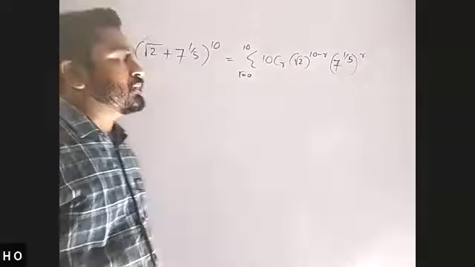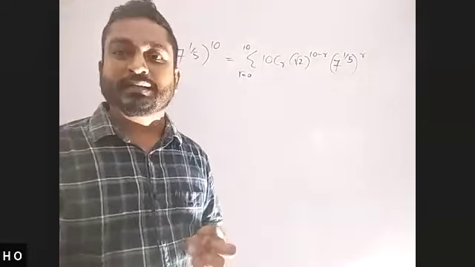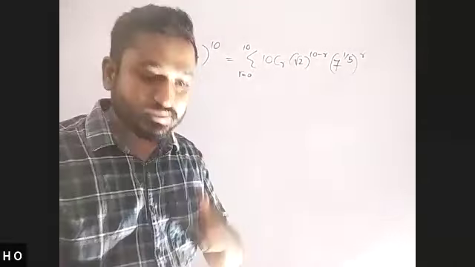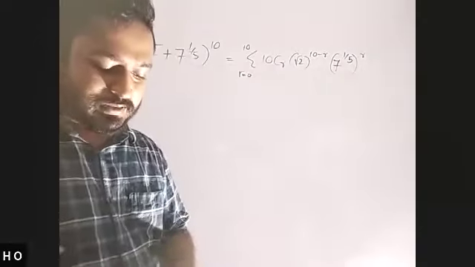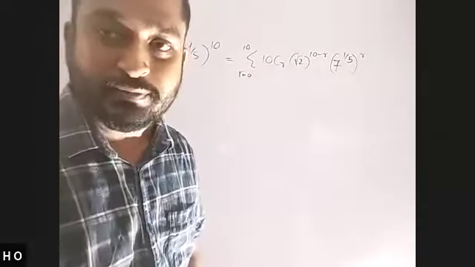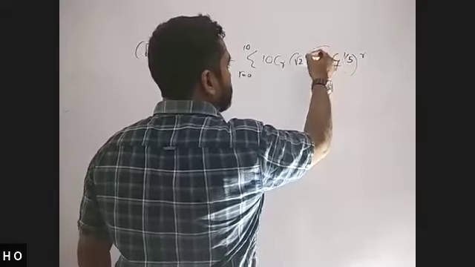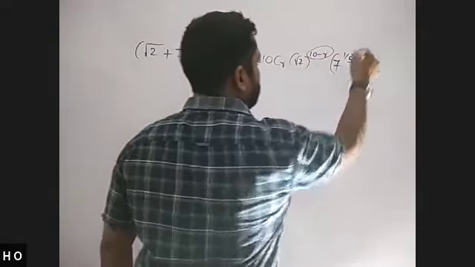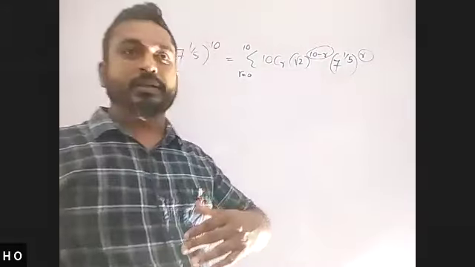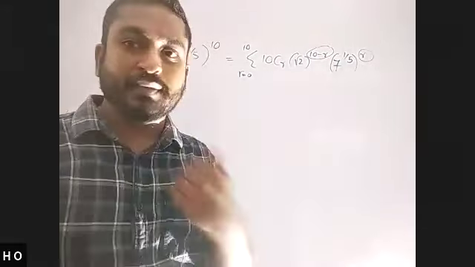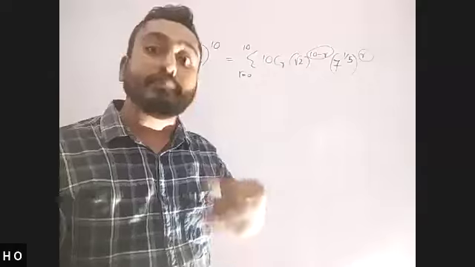Now you have to think how to get rid of these irrational terms to make the output rational. So you have to consider the powers 10 minus r and r. To make root 2 a rational number, you have to always raise root 2 to an even power.